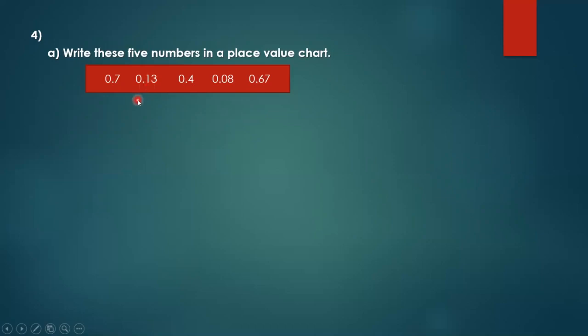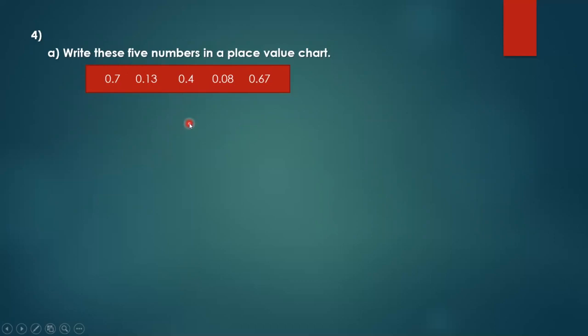After the decimal notation, however many digits there are, you just read them out separately. So this is 0.13. Don't read it as 0.30, it is wrong. 0.13, 0.4, this is 0.08, and the last one is 0.67. Don't read it as 0.67.